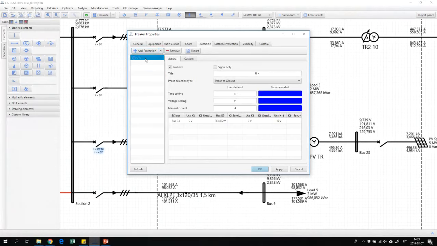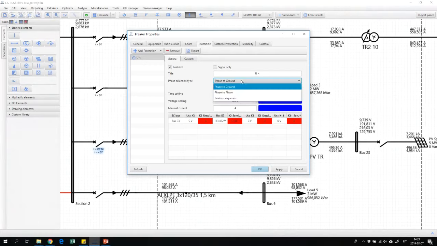Usually we use undervoltage protection devices. In the grid code you can find what minimum and maximum time settings can be set for this kind of protection device. Usually these are, let's say, 800 milliseconds if our voltage drops from nominal.